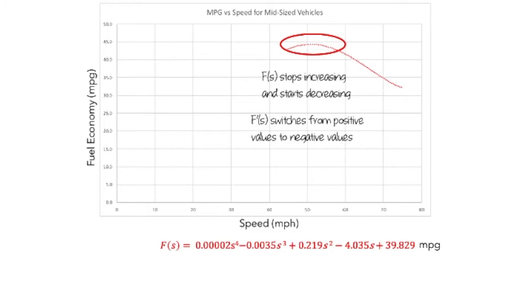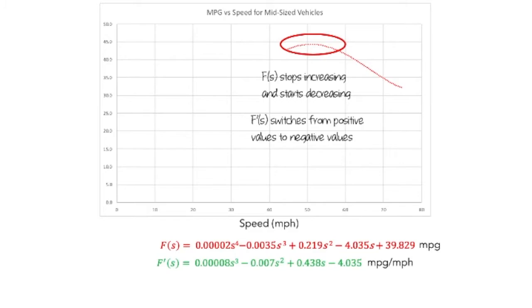F of s is a polynomial function, so we can use the power rule here to get f prime of s equals 0.00008 s to the third power minus 0.007 s squared plus 0.438 s minus 4.035. And this is measured in miles per gallon per miles per hour.